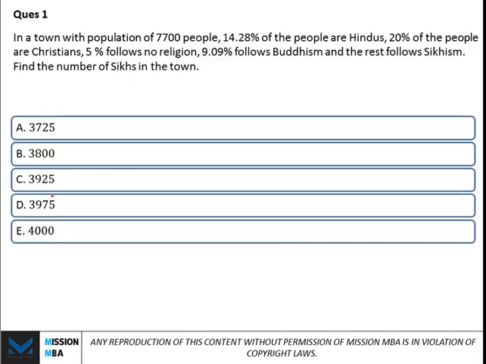So here are the option choices. So the answer is simply 3,975. So guys, remember, quick calculations, right? This guy is nothing but 1 by 7, which will make it 1,100, right, on fingertips. This guy is nothing but 1 by 11, which will make this 700 on fingertips.